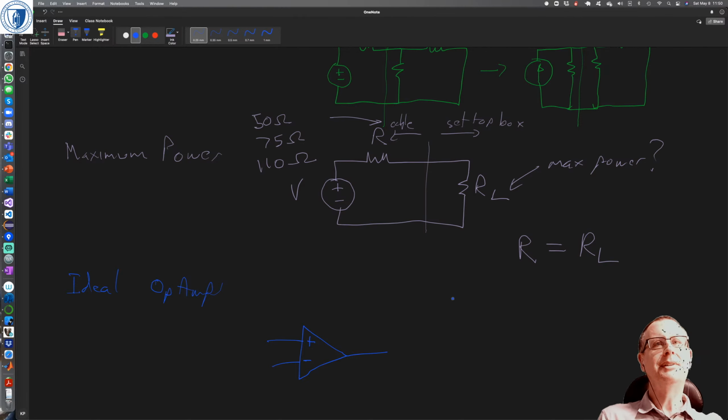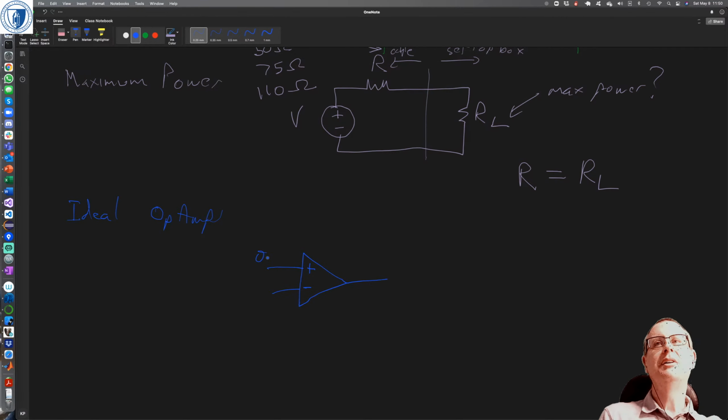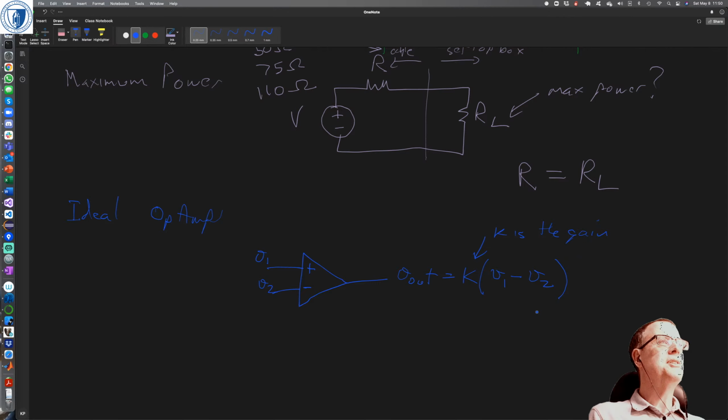If this is V1 and this is V2, then Vout is, for any operational amplifier, not just an ideal one, equal to some gain K, K is the gain, times the difference between the two voltages.